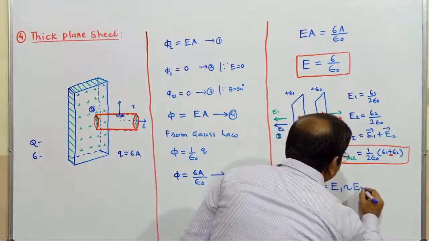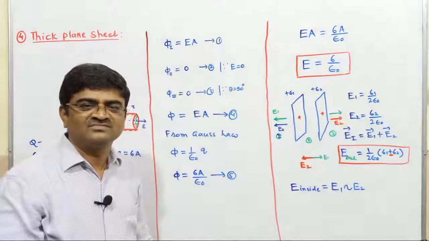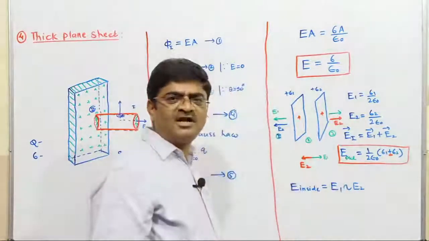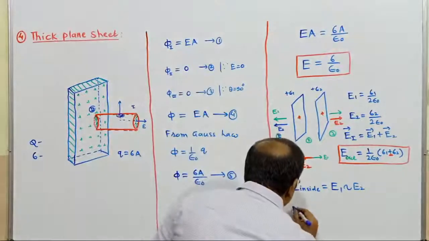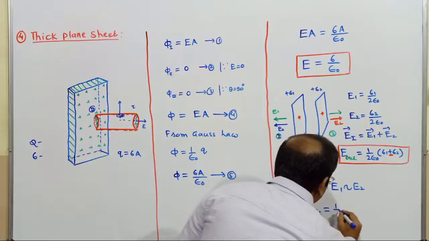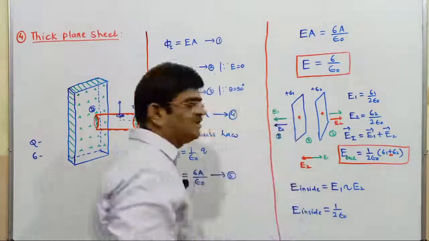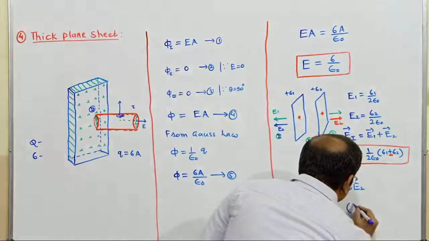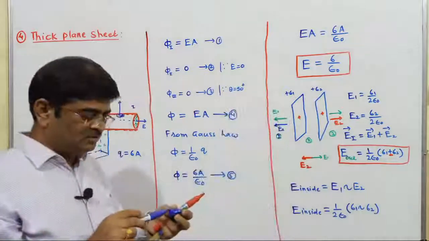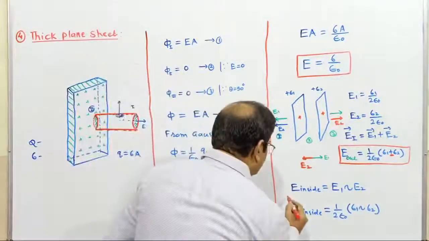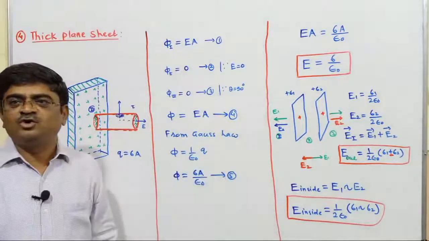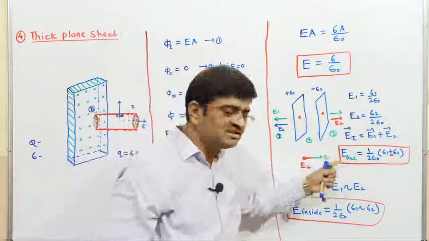Just take the difference. So what does it mean, difference? From greater, smaller I have to subtract. And this gives me intensity inside equals 1 upon 2 epsilon 0 common you can take, and you will have sigma 1 minus sigma 2. So this is electric intensity inside two plates. Outside I have got, inside I have got.